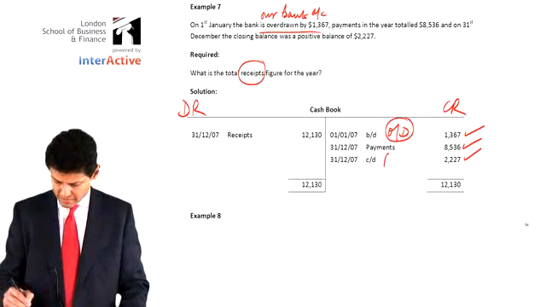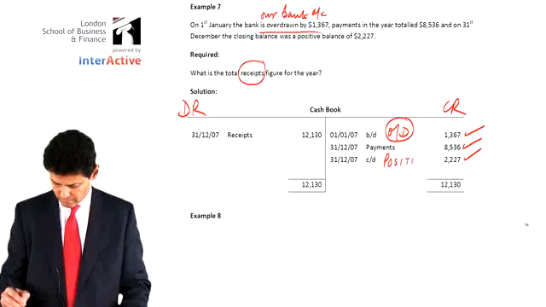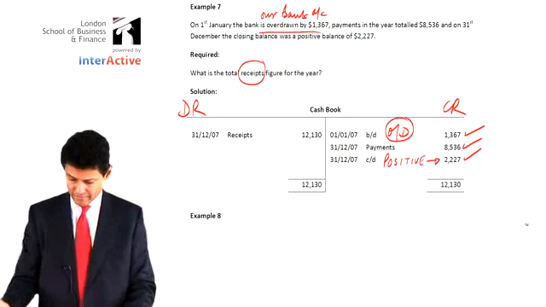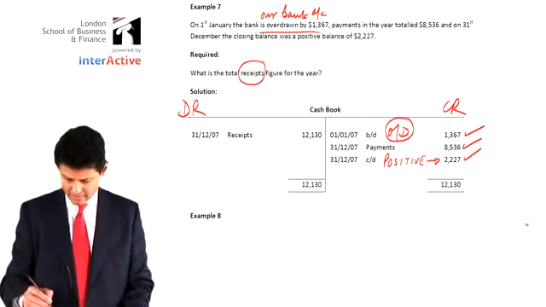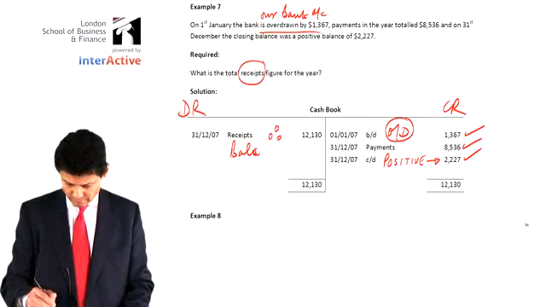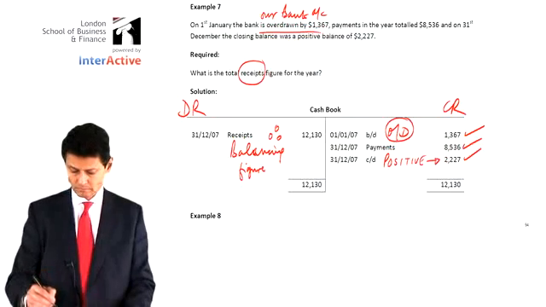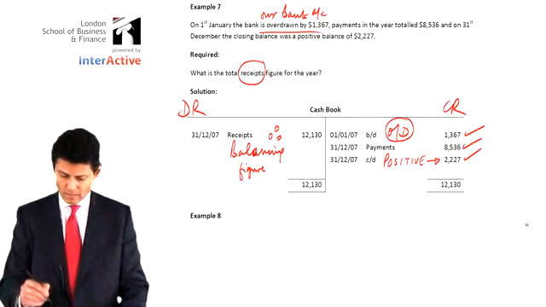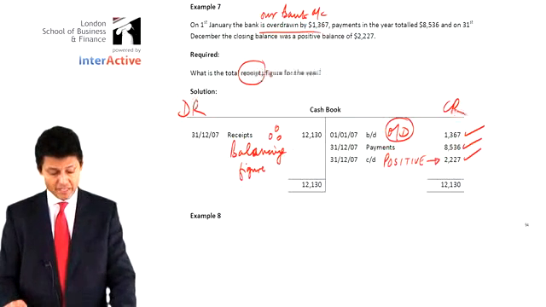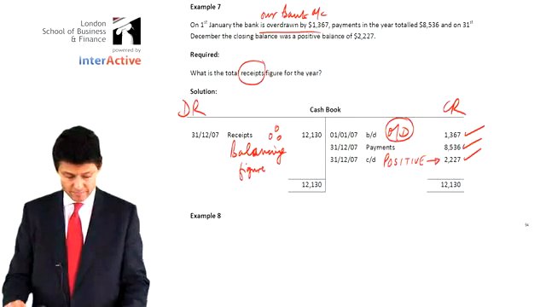It's a positive balance, interesting. The positive balance is 2227. And so the figure that's missing must be a balancing figure of 12,130.